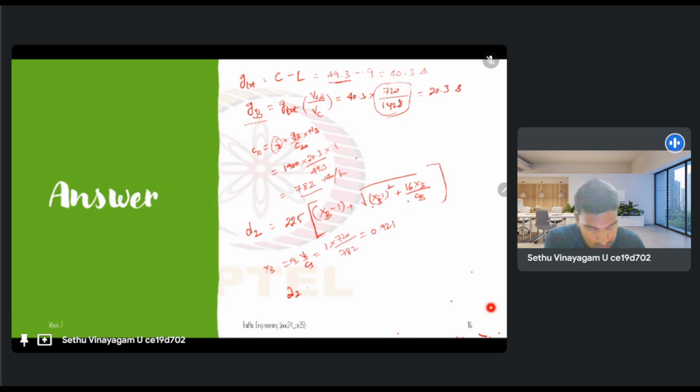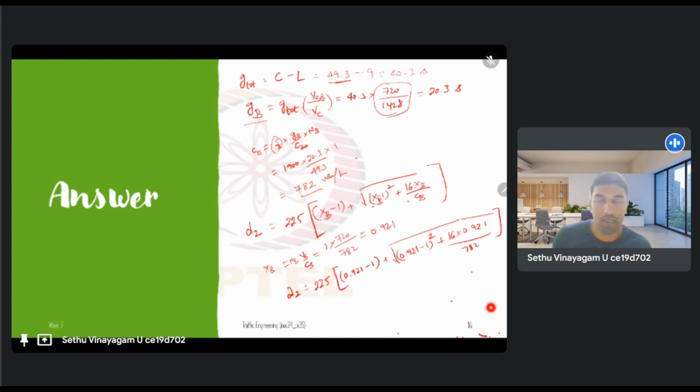So the incremental delay component is 225 times 0.921 minus 1 plus the square root of 0.921 minus 1 the whole square plus 16 times 0.921 divided by 782.